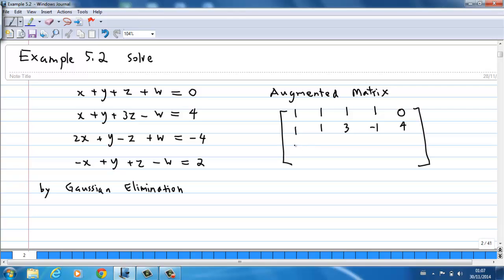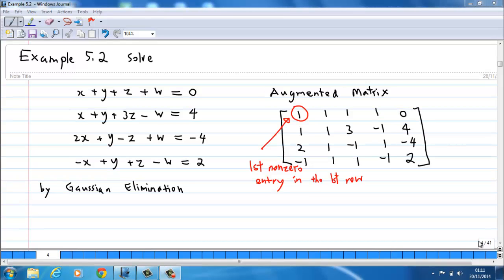Third row is 2x, 1y minus 1 times z plus 1 times w equal to negative 4. And the fourth row is minus 1 times x, 1 times y plus 1 times z plus minus 1 times w equal to 2. We notice that the first non-zero entry is in the first row, first column.